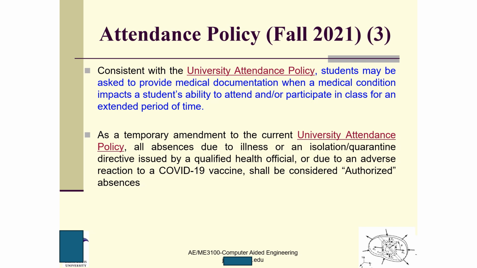As a temporary amendment to the university's current attendance policy, all absences due to illness or an isolation or quarantine directive issued by a qualified health official, or due to adverse reaction to a COVID-19 vaccine, shall be considered authorized absences. Did that make sense? So this is a long policy, and I want you guys to take a look after class.